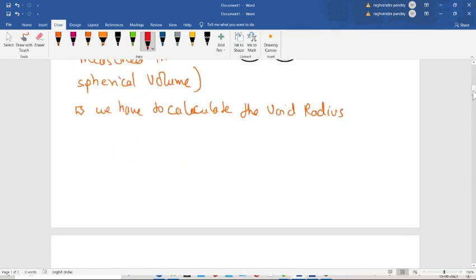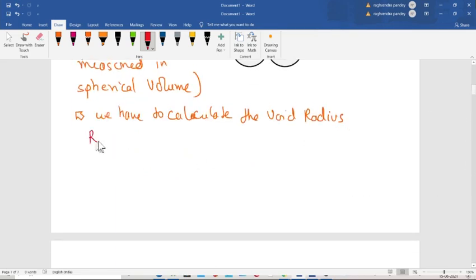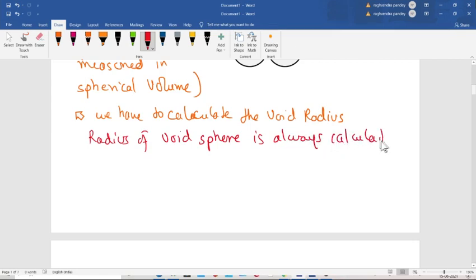The radius of the void sphere is always calculated with respect to the radius of the sphere.